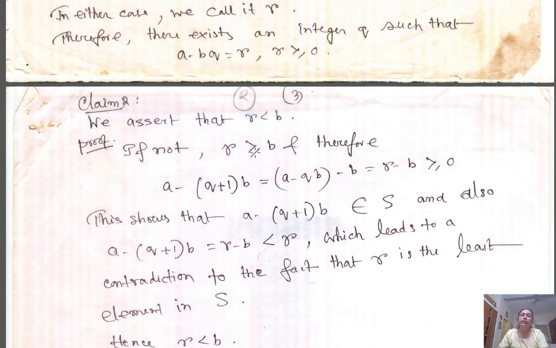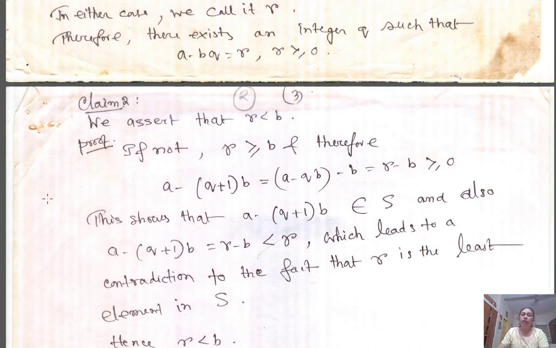Suppose r is not less than b, so it is greater than or equal to b. Then consider a minus b times q plus 1. This integer can be written as a minus qb minus b, which is r minus b, greater than or equal to 0.